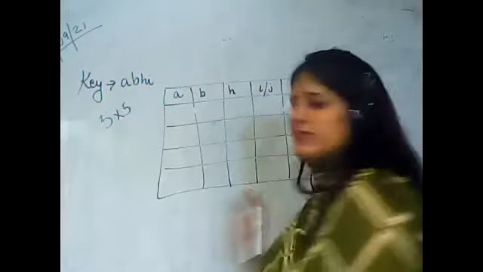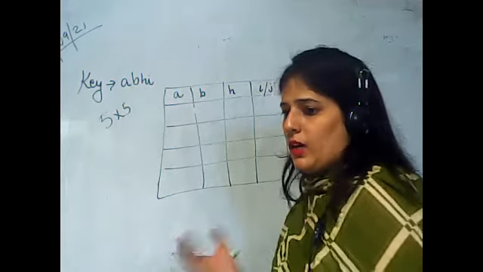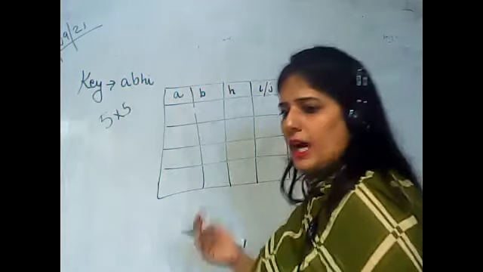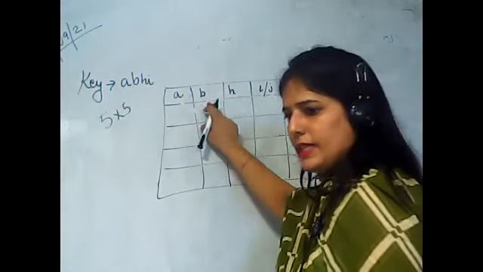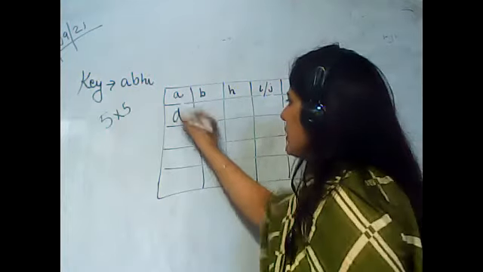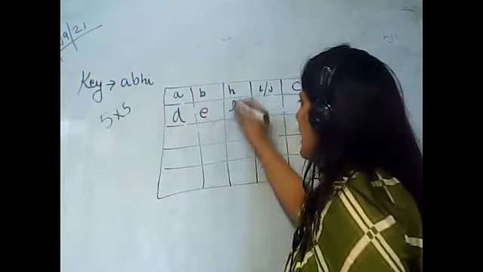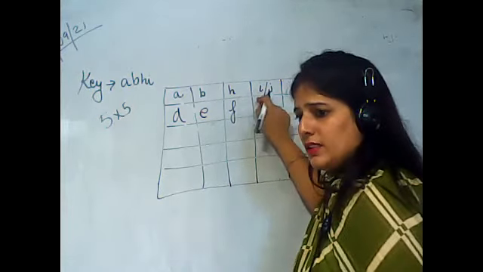Now complete the insertion with the remaining letters in the alphabet. What are the remaining letters? We will start with all the alphabets. A is there, B is there, C is not there, D is not there, E is not there, F, G, H is there, I is there, J is there.